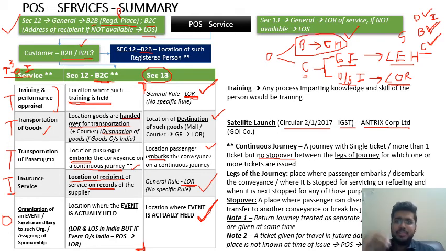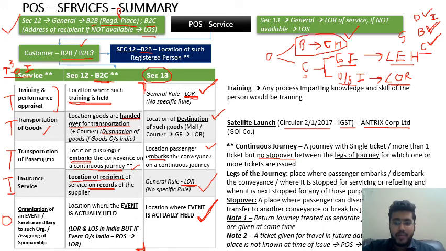Now, irrespective of where the satellite is going to go, you are located in Chennai and that person is located in Delhi. You are B2B, right? So the place of supply will be Chennai and not the destination of goods, right? So this is what circular clarified, but this circular came in 2017, guys.